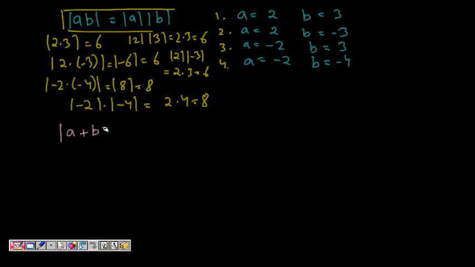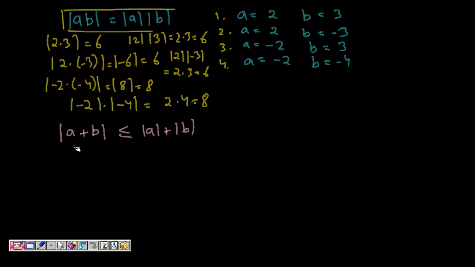Mod of a plus b is less than or equal to mod a plus mod b. Again, try it out with examples. What happens is that in mod of a plus b, if any one of them is negative, that will reduce the absolute value.